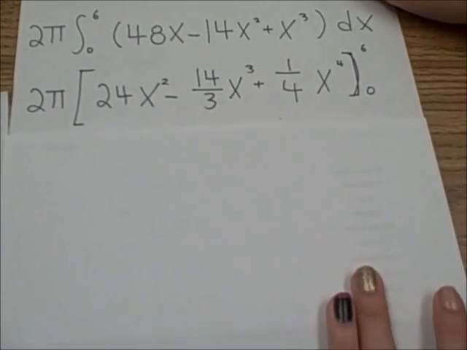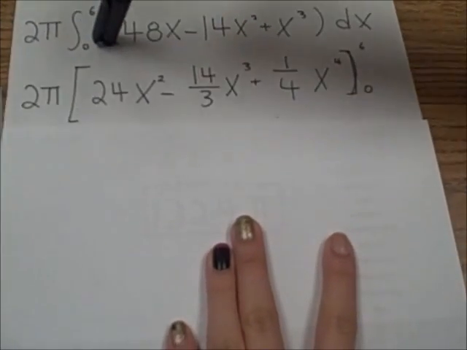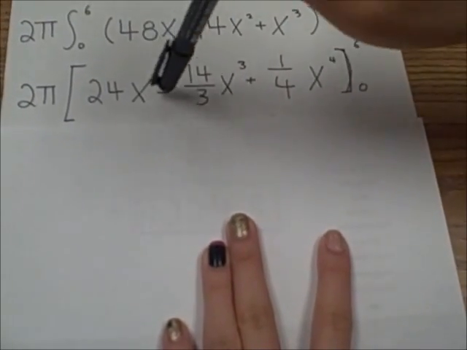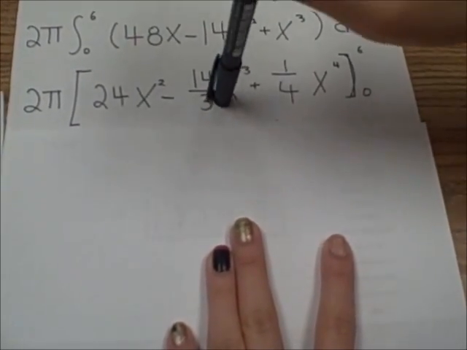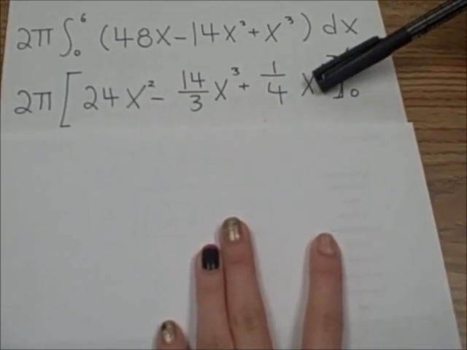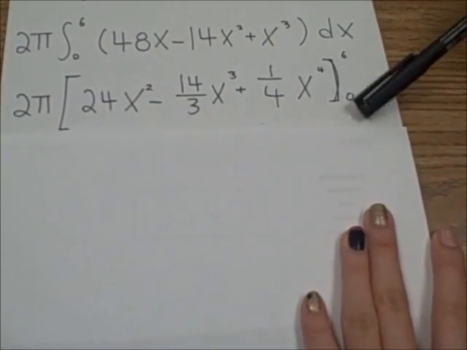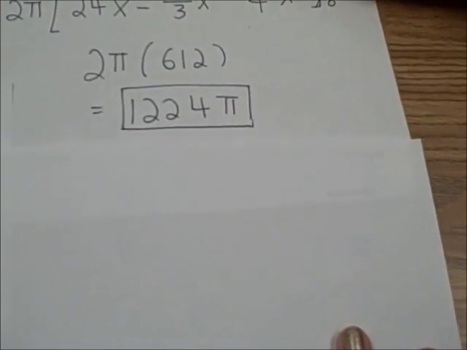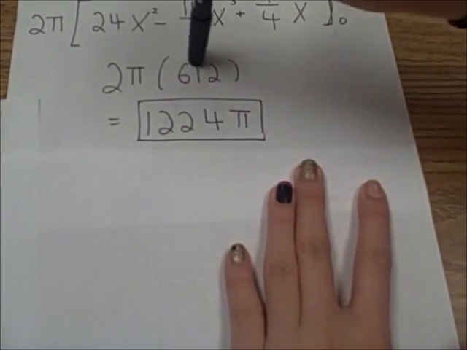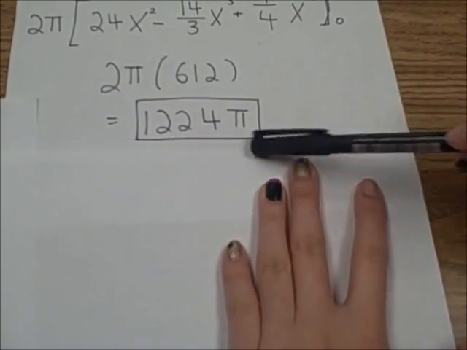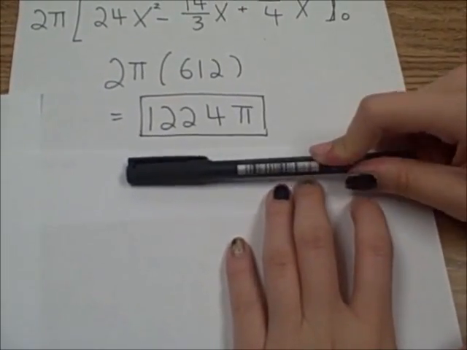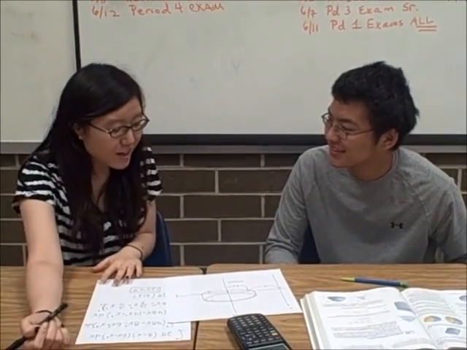Now we're doing the antiderivative: 2 pi times, and we have the antiderivative here, 24x squared minus 14 over 3 x cubed plus 1/4 x to the 4th power, from 0 to 6. We do more multiplications and get 2 pi times 612, and then for the total we get 1,224 pi. Yay, we're done, Tahe!